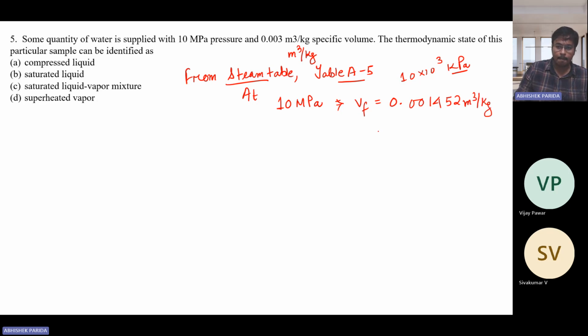What is VG? VG is 0.018028, correct, 0.018028 meter cube per kg.